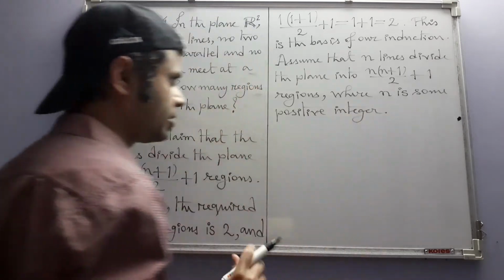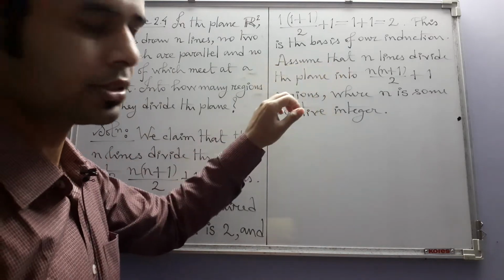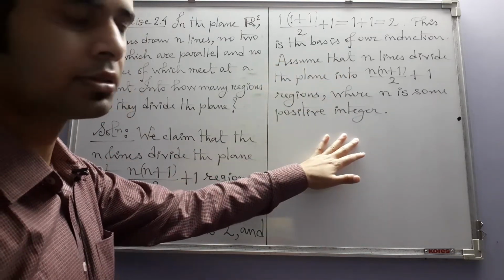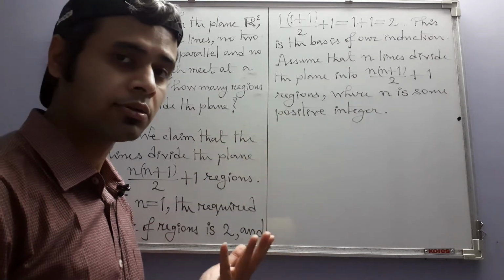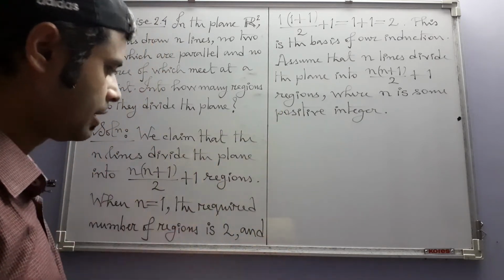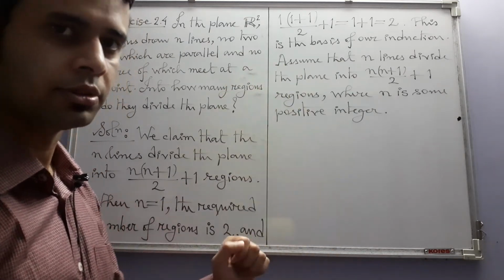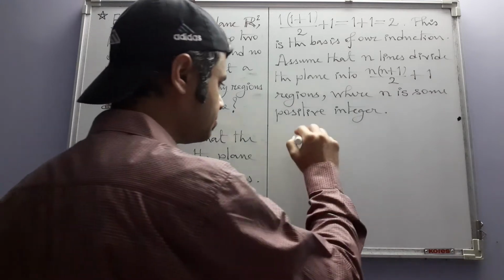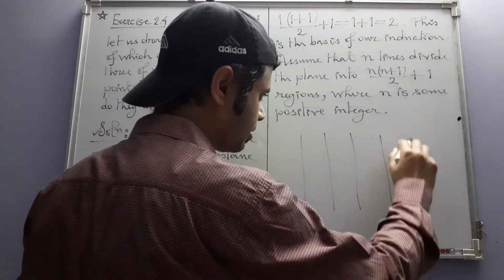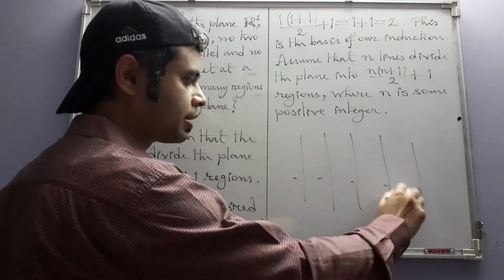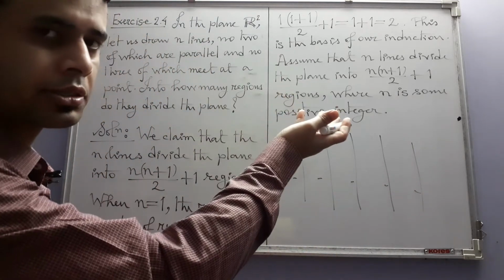And you have to understand that this of course is our induction hypothesis, so we are assuming this, and this assumption is in the context of this exercise. Not any n number of lines will do this. For example, if all your n lines are parallel, then the number of regions that these lines generate is different, that is not this number.